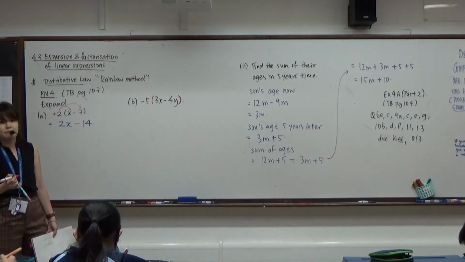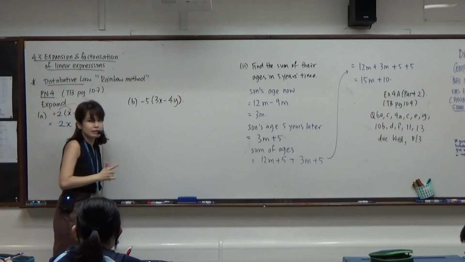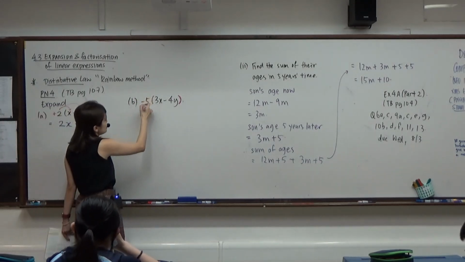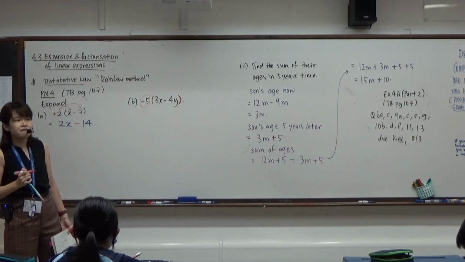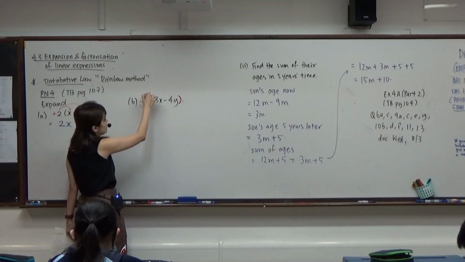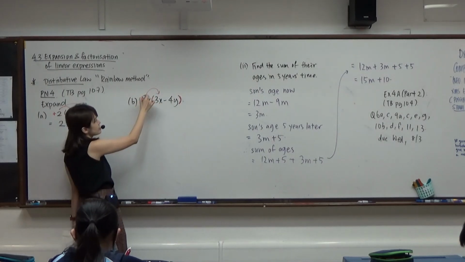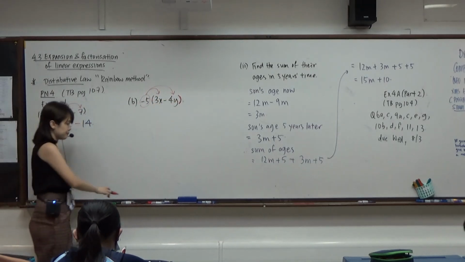This means negative 5 times 3x minus 4y, and over here is 2 times x minus 7. So, looking at the number in front of the brackets, which is a negative 5, I'm going to do my rainbow or distributive law, multiply it with 3x, and then multiply it with the minus 4y.